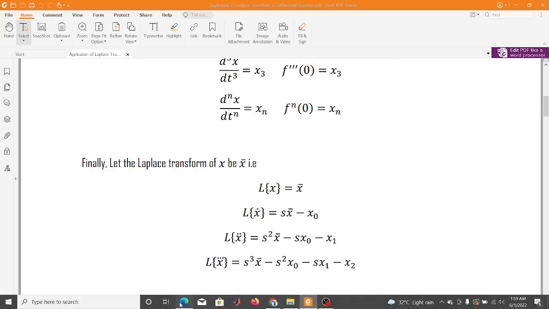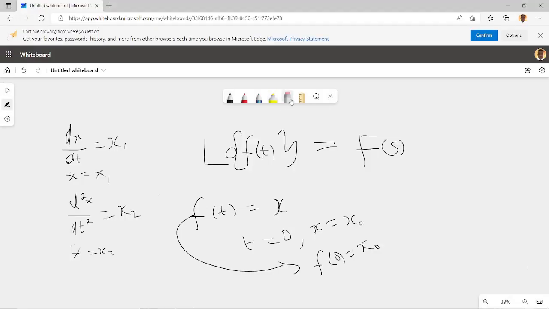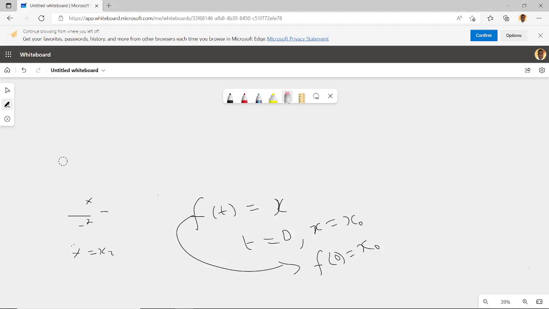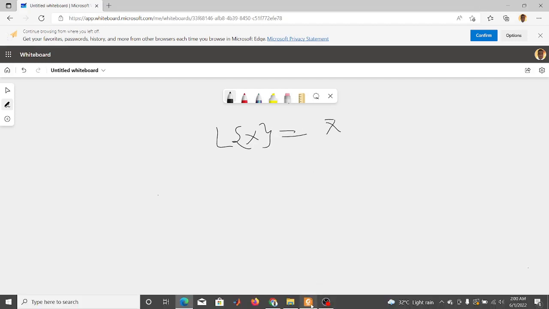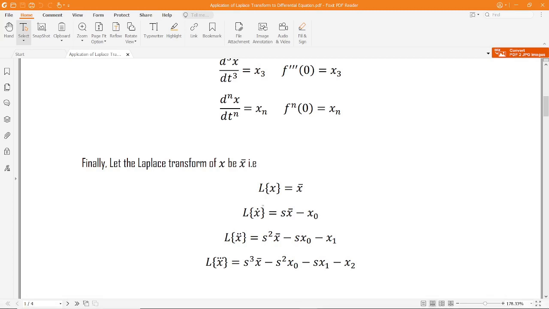So the Laplace for x is x bar, just what we have here.